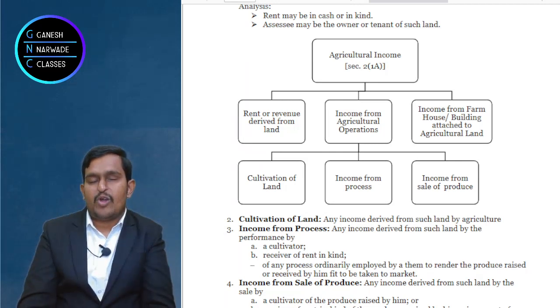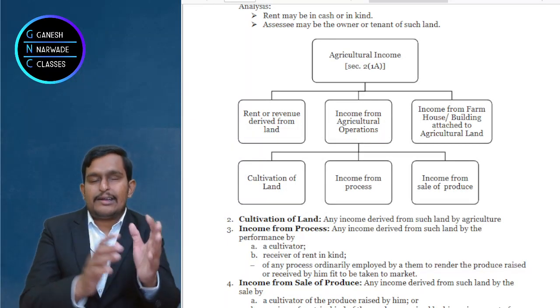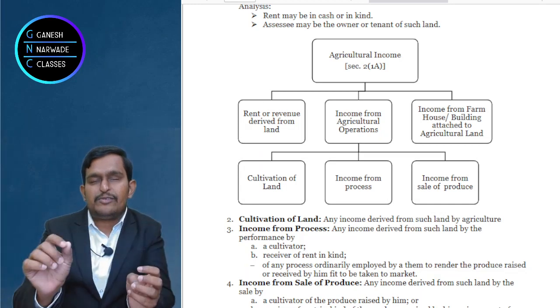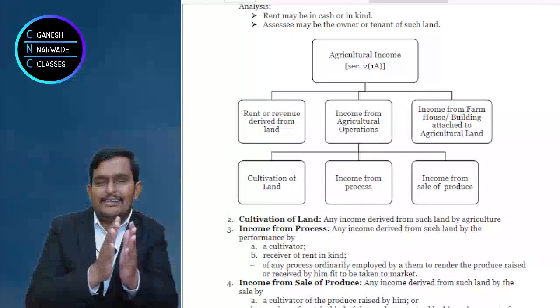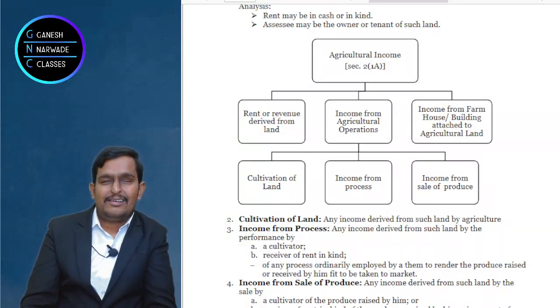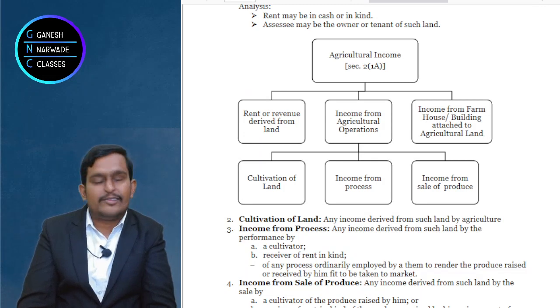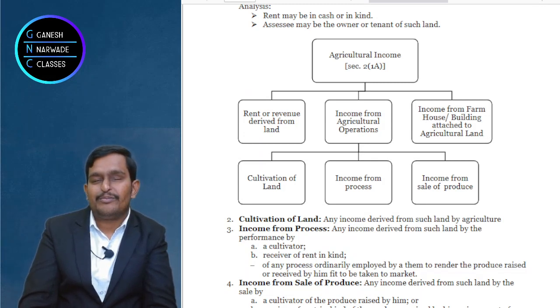So when all these things happen, the activities consist of the process of converting the produce fit for sale. Now agricultural produce, making it fit for sale, that is agricultural income. But if you are doing marketing, you are doing digital marketing to sell aloo, then that marketing income, the digital marketer's income, is not agricultural income.